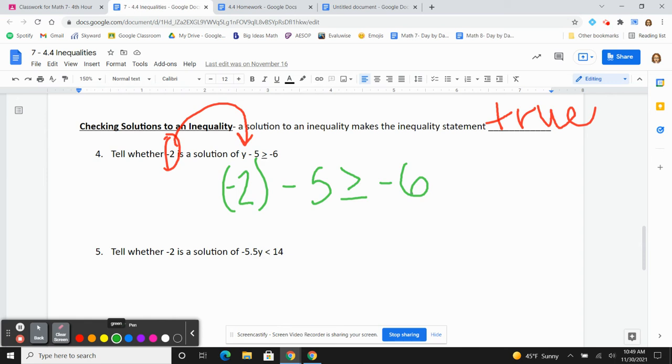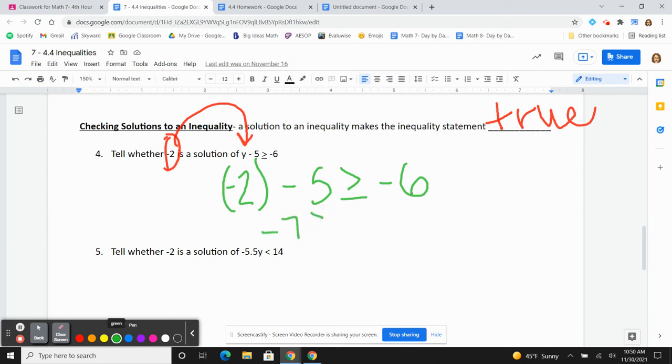Yes, because in the problem it says tell whether negative 2 is a solution. What is negative 2 minus 5? It's not negative 3. You're at negative 2, and you have to go 5 more to the left. Negative 7. Use your calculator.